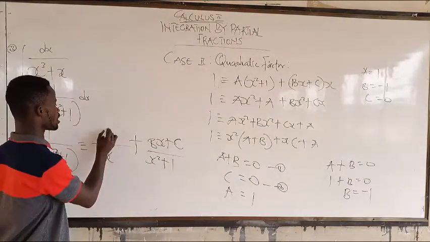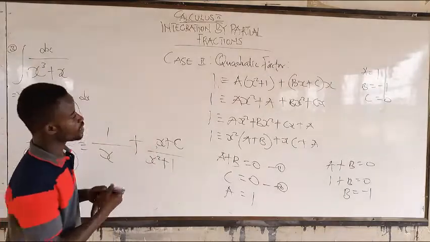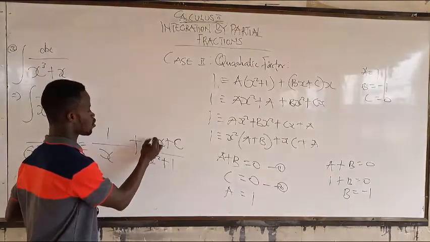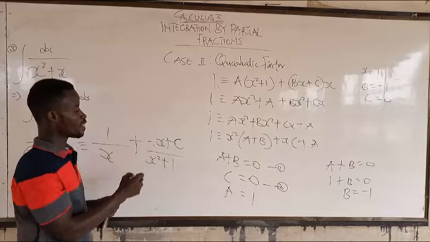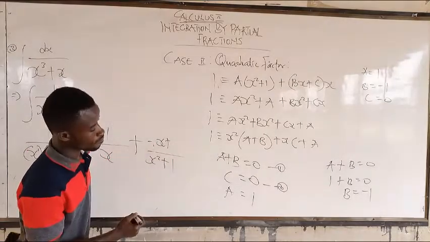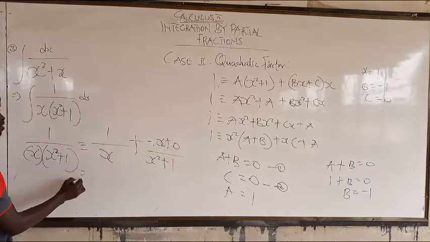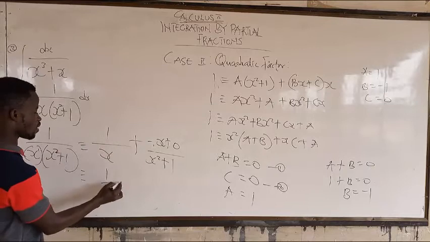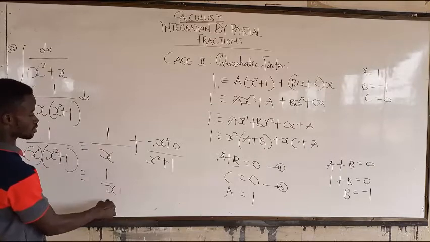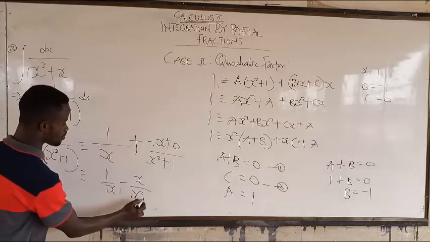A is 1, B is negative 1, whereby we don't write the 1, C is 0. So this simplifies to 1 over S minus S over S squared plus 1.